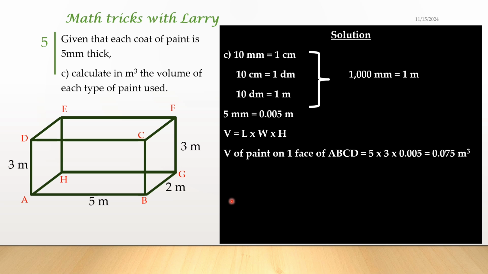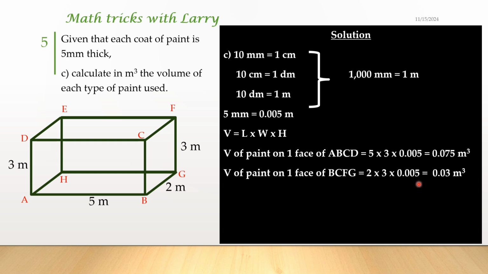Therefore, the volume of paint on one face of ABCD, that could be the exterior face, will be 5 times 3 times 0.005, which is equal to 0.075 cubic meters.